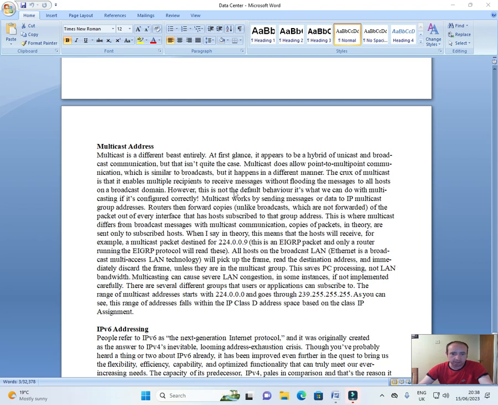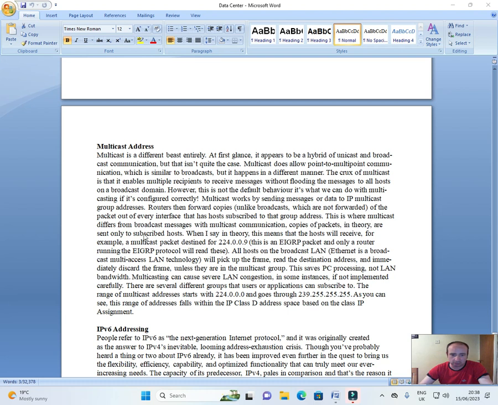However, this is not the default behavior. It's what we can do with multicasting if it's configured correctly. Multicast works by sending messages or data to IP multicast group addresses. Routers then forward copies, unlike broadcasts, which are not forwarded, of the packet out of every interface that has hosts subscribed to that group address.